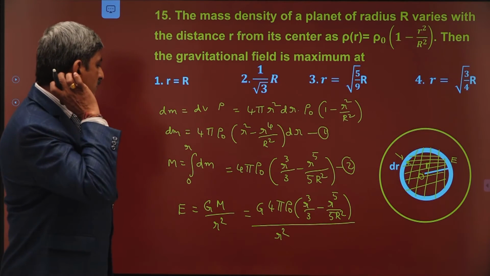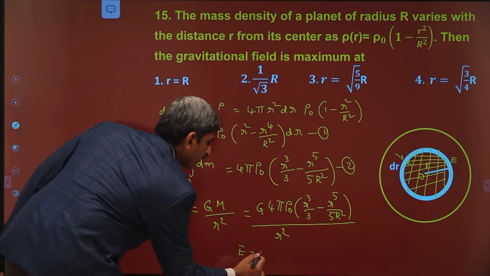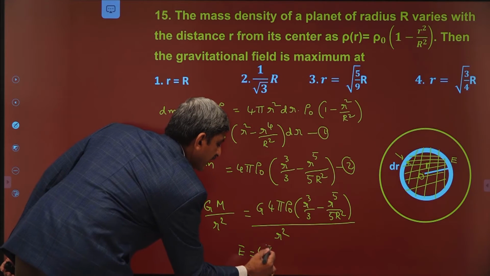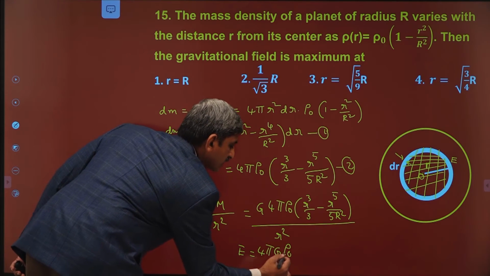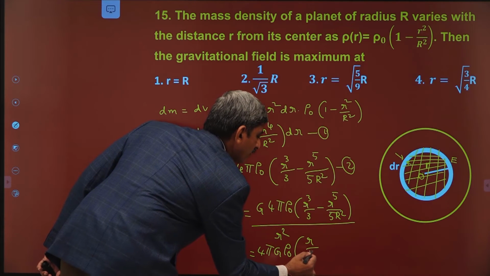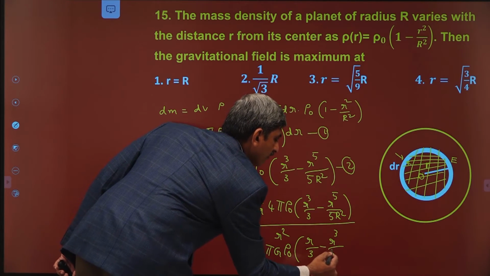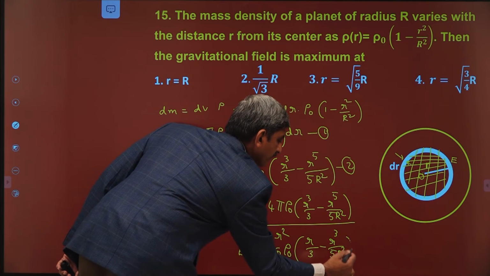This is equal to 4 pi G rho naught times r by 3 minus r cube by 5R square.